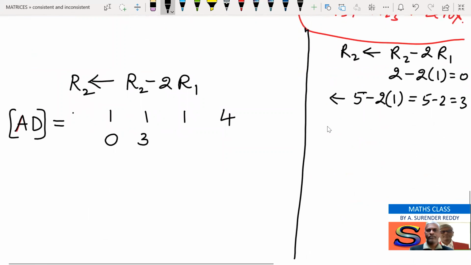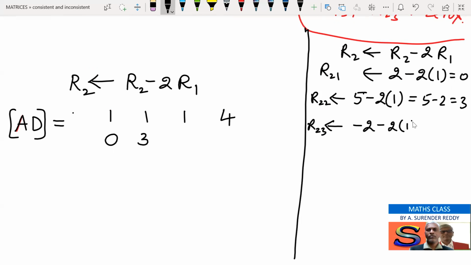So here, this is R21, this is R22, this is R23 element. R23: R2 is minus 2, R1 is 1.